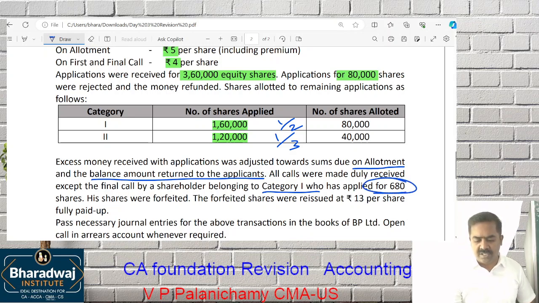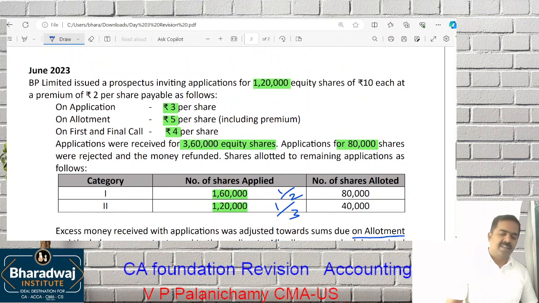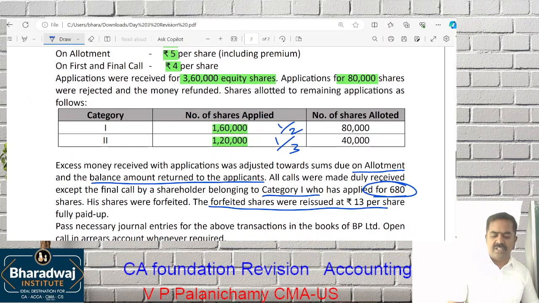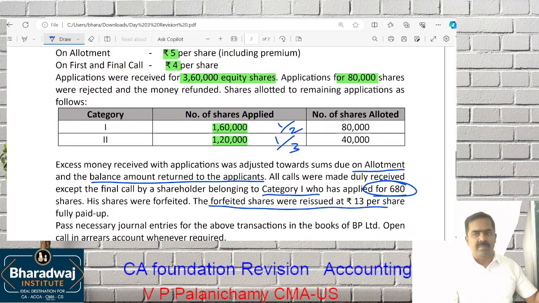Okay, the 680 shares we have to cancel, and the shares are reissued at 13 rupees. What is the face value? 10 rupees. Now, reissue happens at a premium. Wherever you reissue the shares, the premium will go to the securities premium account. Read the question again, then we will start.